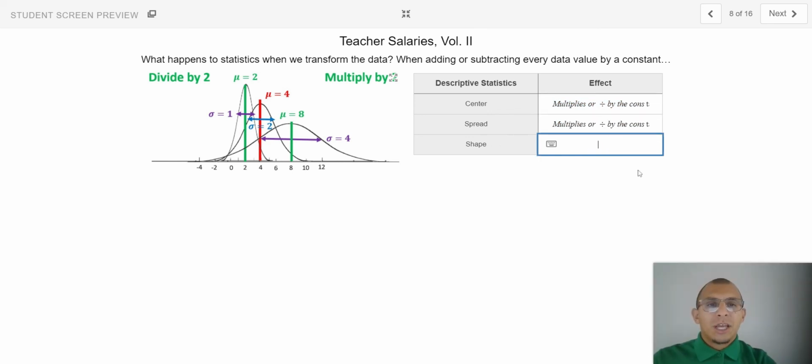And as for the shape, it remains approximately the same. It may broaden or steepen depending on the operation.